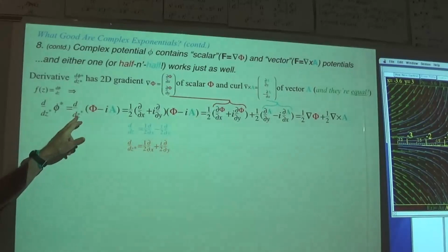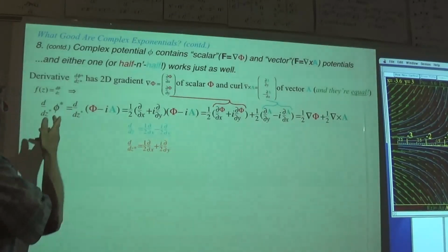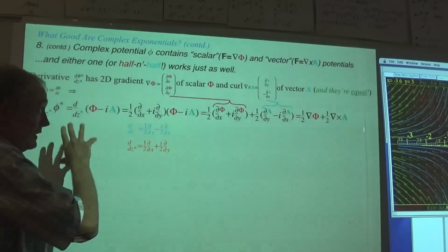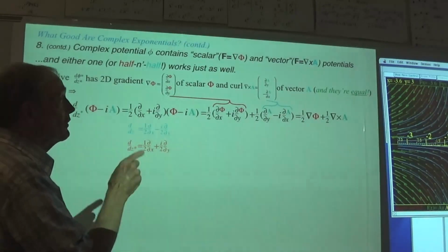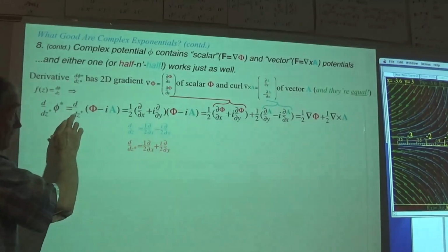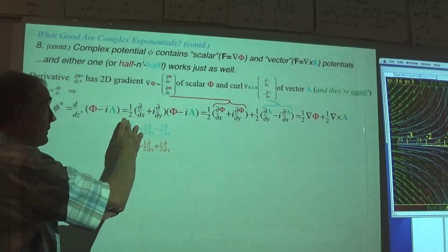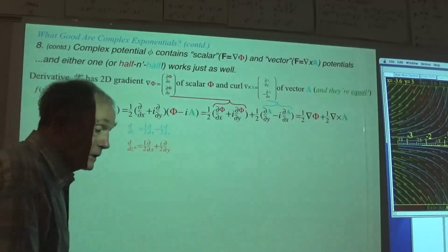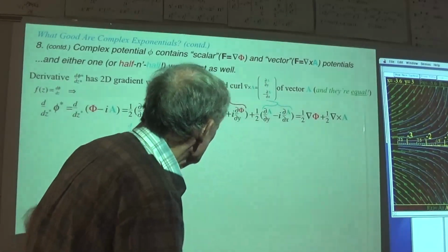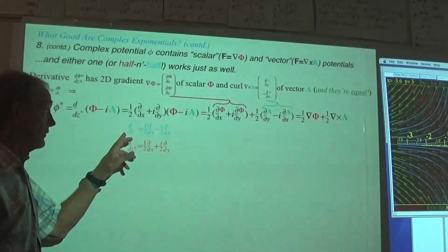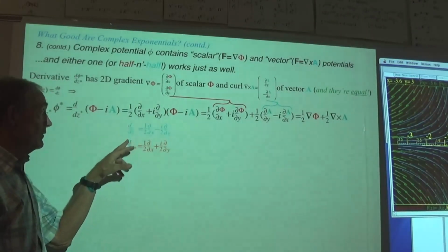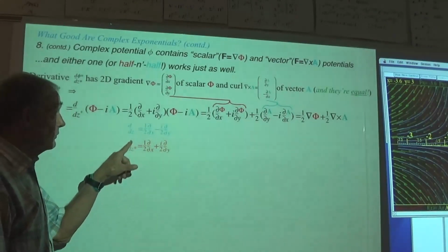So here we are taking a derivative with respect to z star of phi star, and remember that's what we want to use because we're supposed to do that conjugation in order to make this thing not a function of z. I write this relationship out in detail here, and we have that relationship. Let me get this one on the same screen down here. I have these relationships that let me express the partial derivatives of x and y in terms of the derivatives with respect to z and z star, or the reverse, which is what I've got right here.